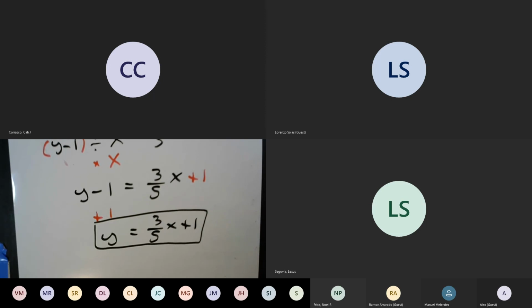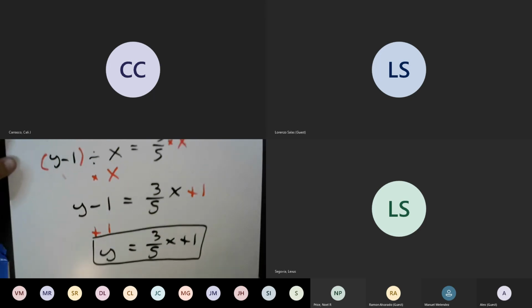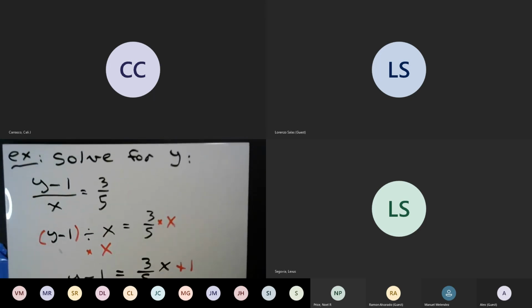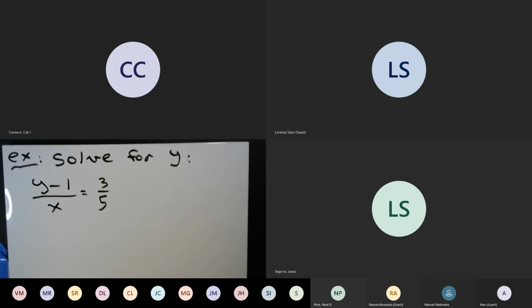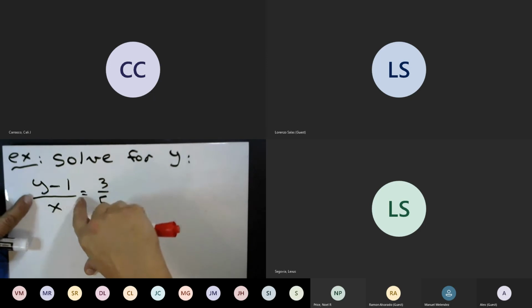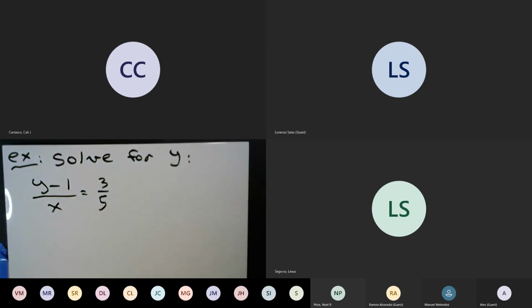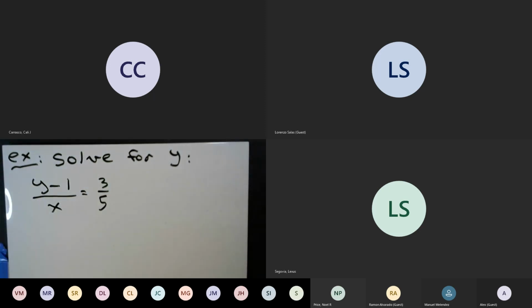Now, there's a shortcut way of doing this. Let me show you that real quick, and then that'll be it. The shortcut way of doing this is, instead of rewriting it in this long division form, once we're comfortable with the idea that there's parentheses here, and then we do the division, if we follow PEMDAS, that means we need to undo the division, and then we get to work inside the parentheses.